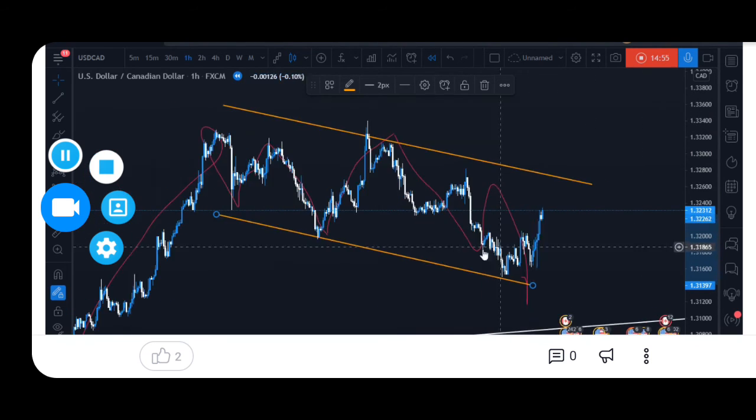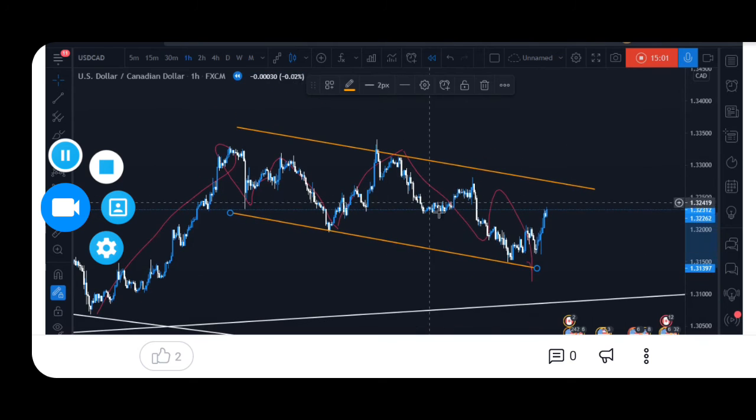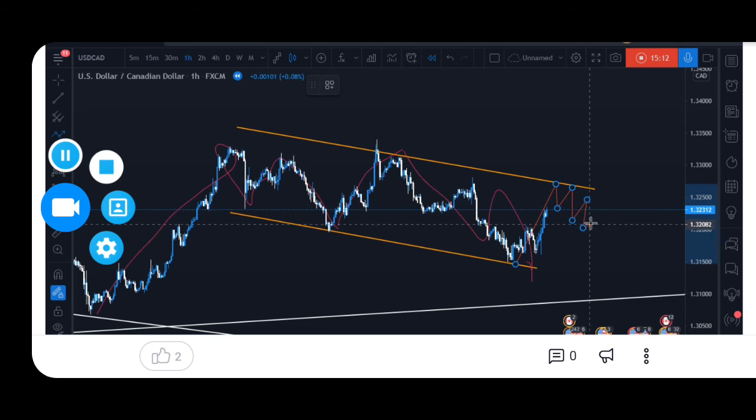Okay, guys. So right now, what we'll be waiting for to see on the Asian Open is for price to come to these levels here. So if price moves and comes to these levels, we want to see a correction moving to the downside, and then push back up.